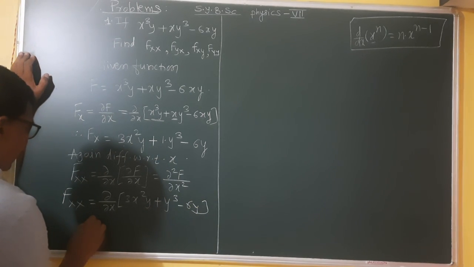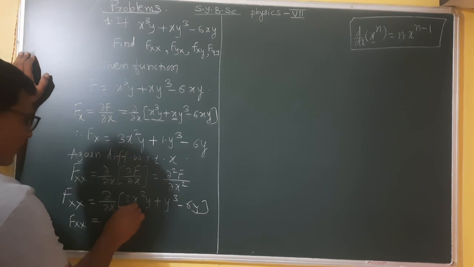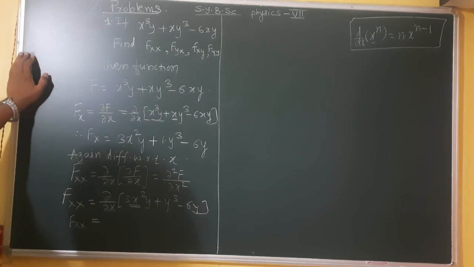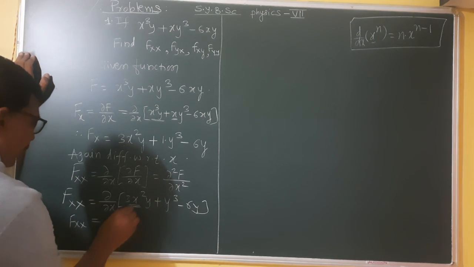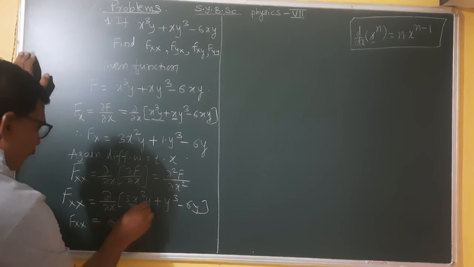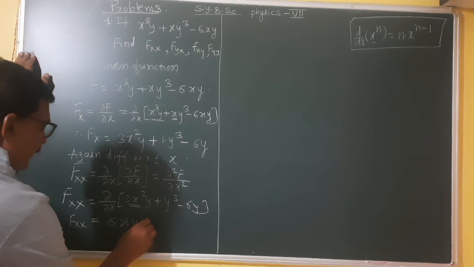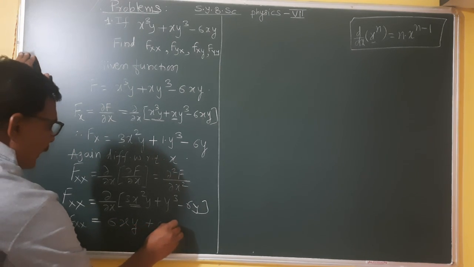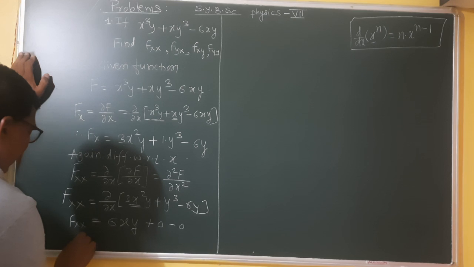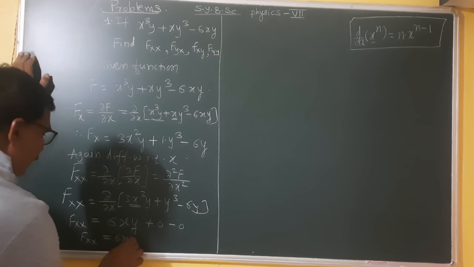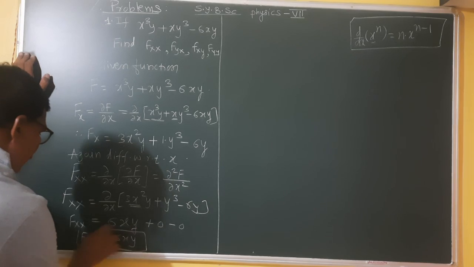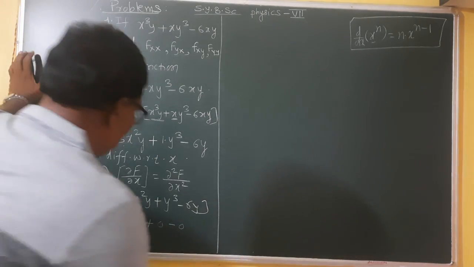What is the derivative now? It is 2 into 3, that is 6, into x into y, and the other terms are 0. Finally fxx is equal to 6xy. This is the first case.